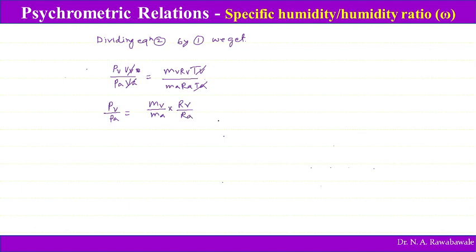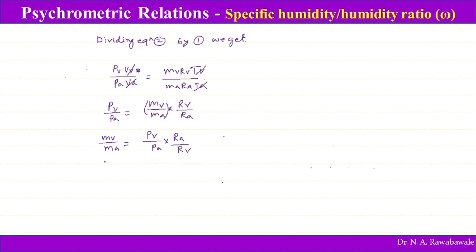Now MV divided by MA, the mass of water vapor per unit mass of dry air, is nothing but specific humidity or humidity ratio. So we can rewrite this equation as MV divided by MA is equal to PV divided by PA into RA divided by RV.